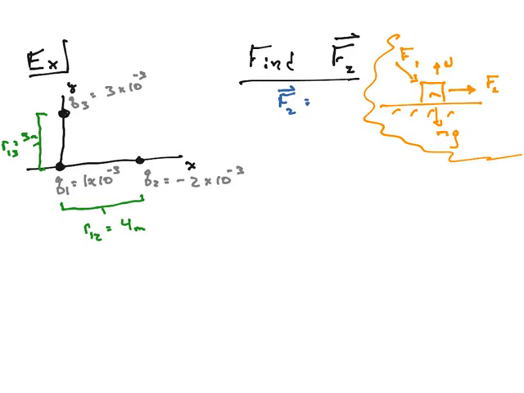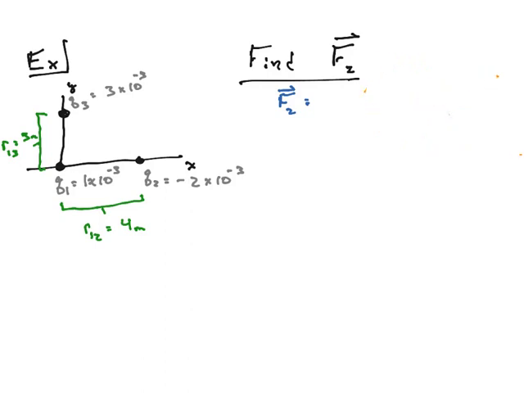That's a very good thing, because it means that the total force felt by charge 2 is just the force felt by 2 due to 1 plus the force felt by 2 due to 3. Okay? Again, I'm putting these vector arrows on for now just to explicitly show you have to remember these are vectors.